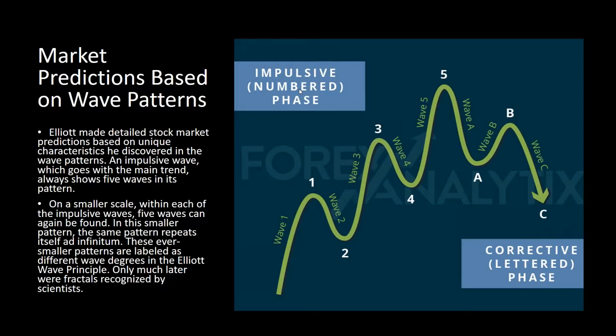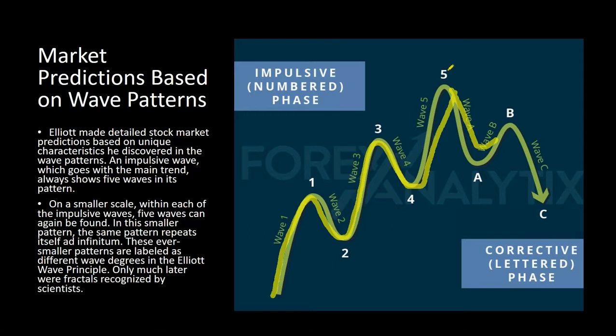Now, what he believes is the market works in these cycles, and these cycles are based on this wave. Okay. We move up wave one. When we hit the peak of wave one, the markets will ease back down. They'll hit wave two, ease back up to wave three, come down to wave four, move back up, and then they'll start a descent down the markets.